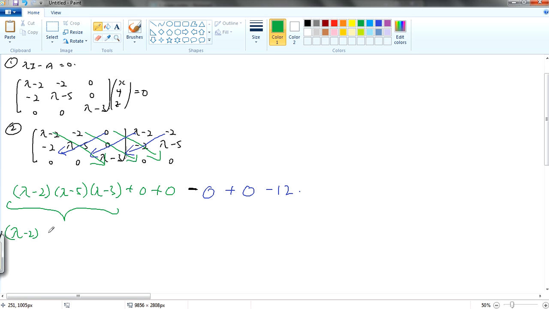Therefore let's do up this part over here. So we have lambda minus 2, lambda squared minus 3 lambda minus 3 minus 8 lambda plus 15. Alright, and then we'll just do it again. Hold on.